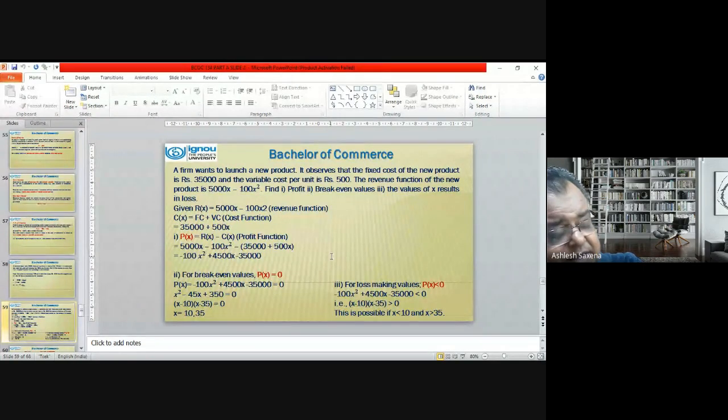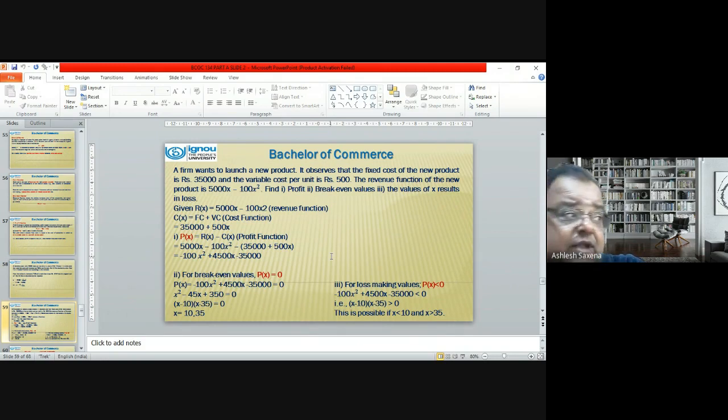That means according to this problem, whatever the conditions given, if the company produces 10 units, it will have no profit, no loss. And if it produces 35 units, in that case also, it will have no profit, no loss. Now the third part is the value of x that results in loss.